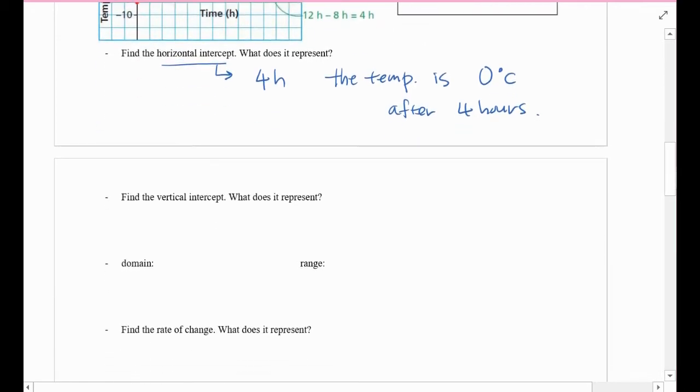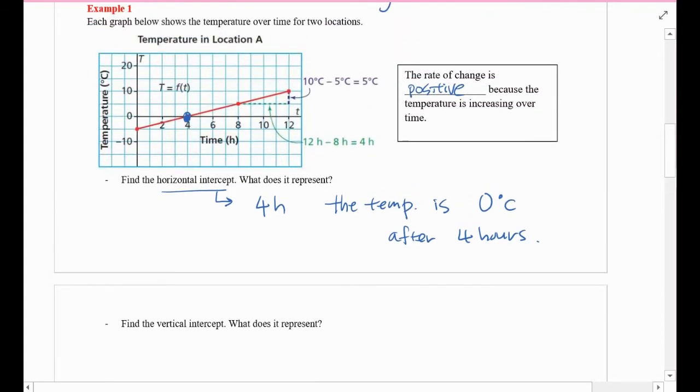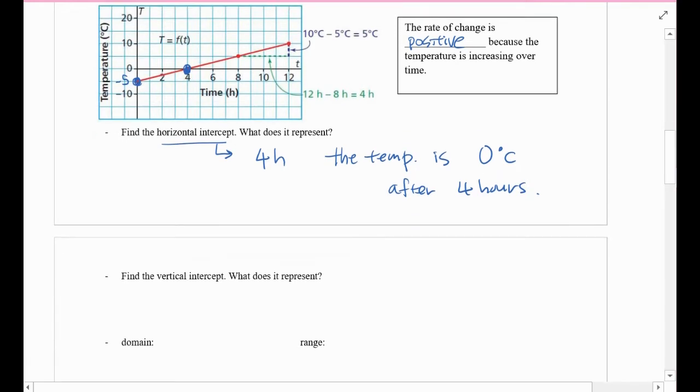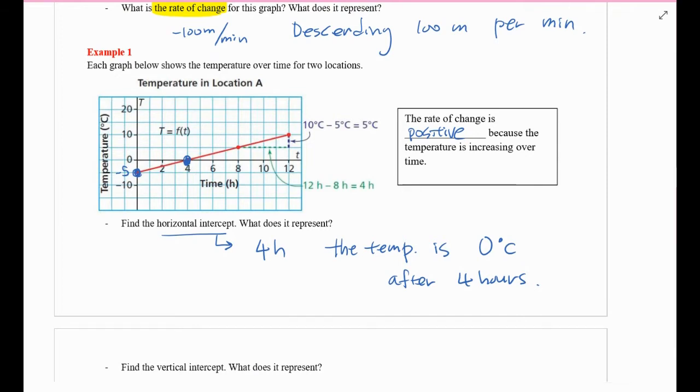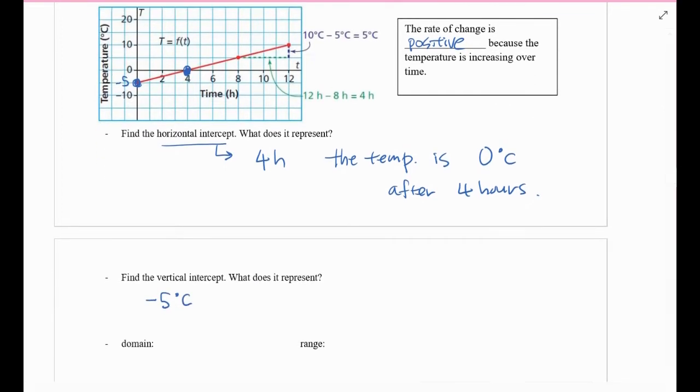Next, find the vertical intercept. What does it represent? The vertical intercept here is -5. Okay, what does it represent, everyone? -5 Celsius degrees. It represents the initial temperature when you start measuring it. Okay, the initial temperature.